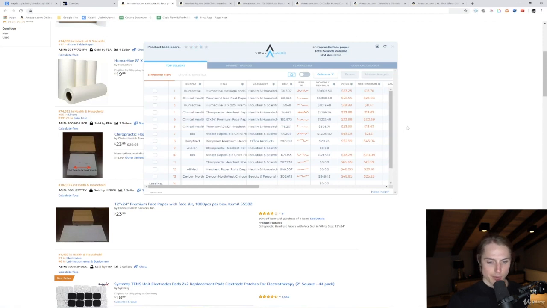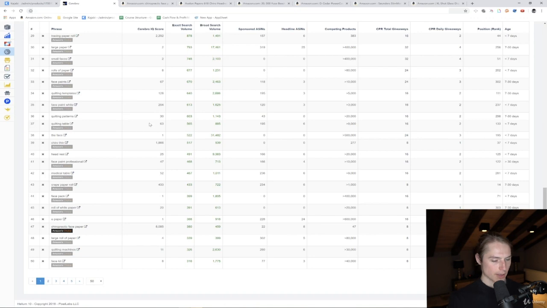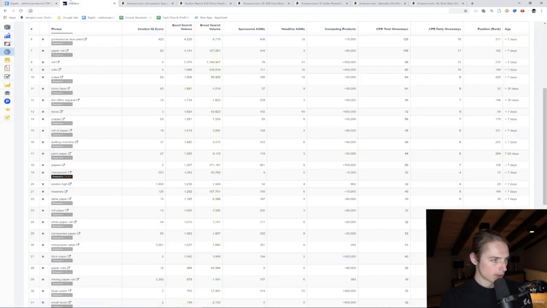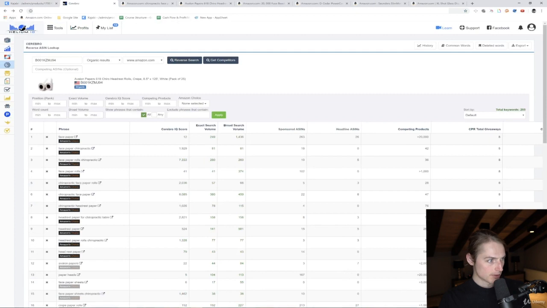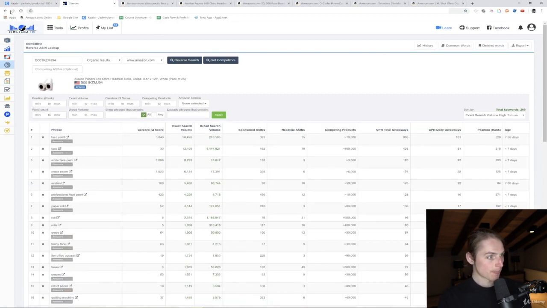Oh, so apparently that's stuff chiropractors use when you're on that bed and they have to put new paper on. Okay, interesting. Well, I would probably dip out from this idea. I don't really feel like doing it. You could probably find some way to go into the face roll paper market or something.